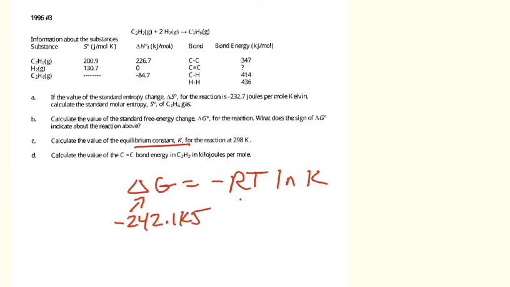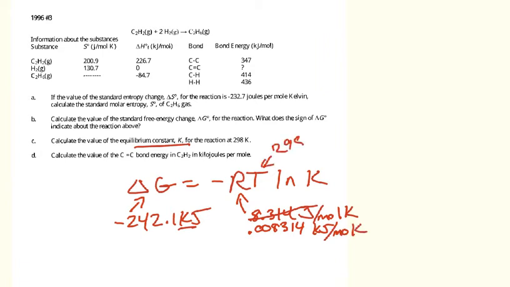We have to be careful, because R being 8.314 is in joules per mole Kelvin, and we can't have this in kilojoules and that in joules. So we use 0.008314 kilojoules per mole Kelvin. The temperature we're assuming is still 298, and then we can solve for it.